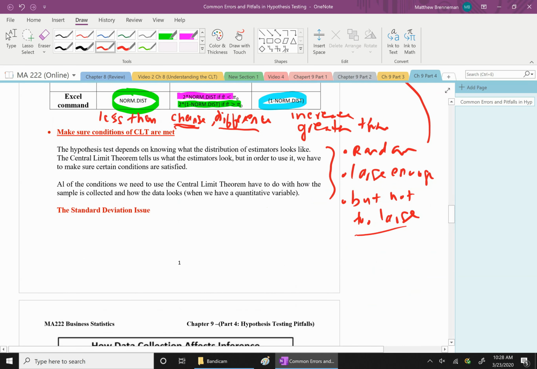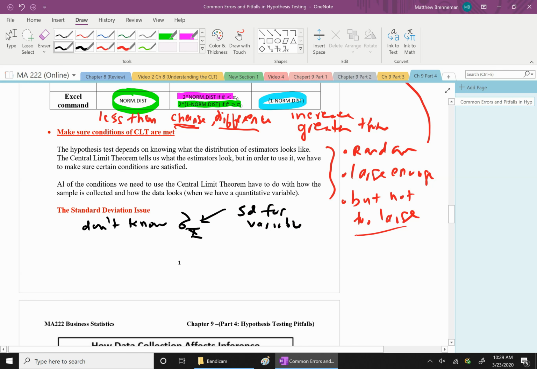Okay, one other issue I want to bring up is the standard deviation issue. One of the things that happens a lot is that we don't know the population standard deviation. If you don't mind, I'm going to put sigma sub x to emphasize that this is the standard deviation for the variable. We're talking about a quantitative variable now.